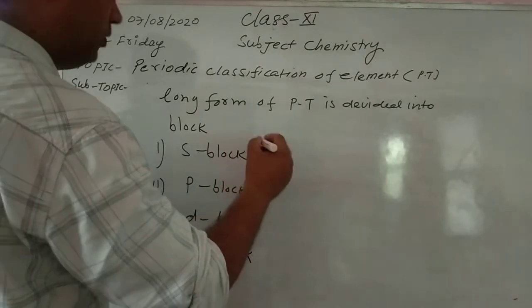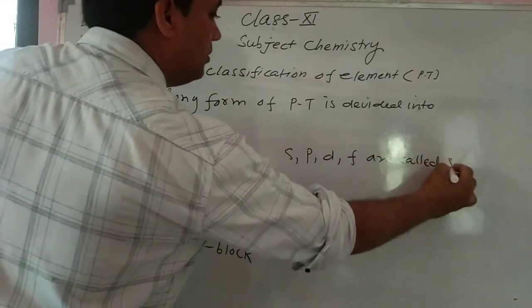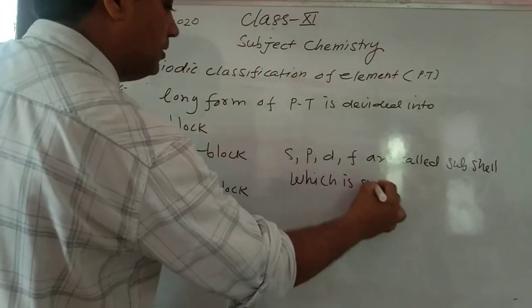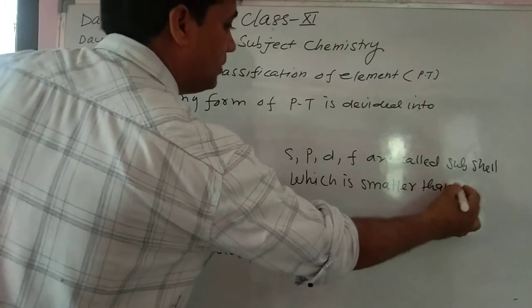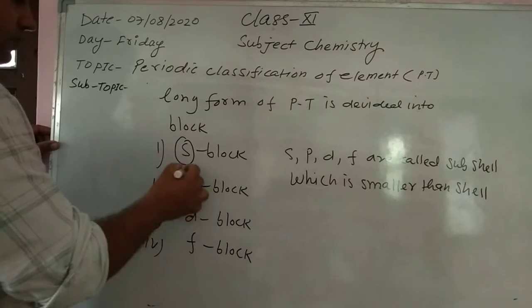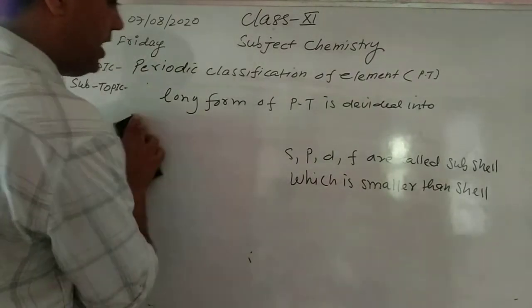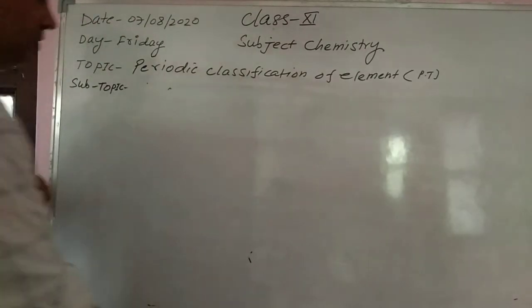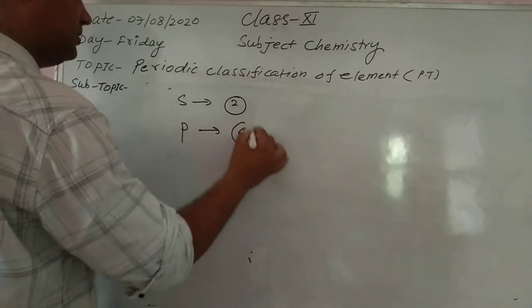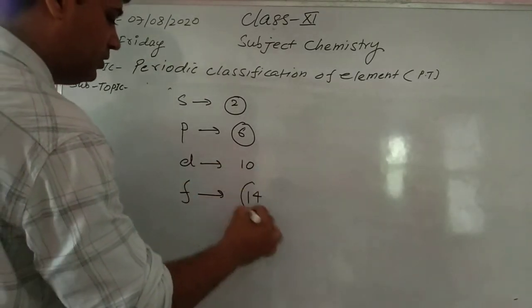S, P, D, and F are known as subshells, which are smaller than a shell. The S subshell contains a maximum of 2 electrons, the P subshell a maximum of 6 electrons, the D subshell a maximum of 10 electrons, and the F subshell a maximum of 14 electrons.